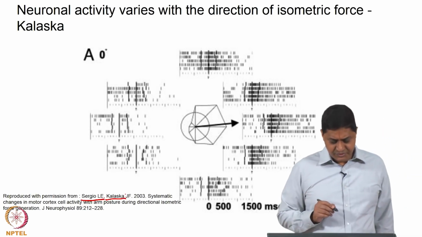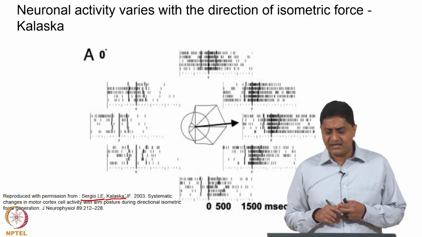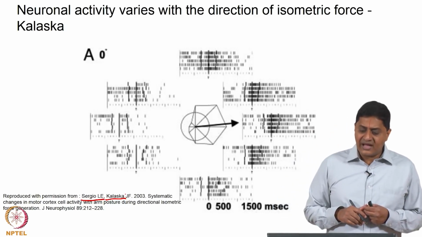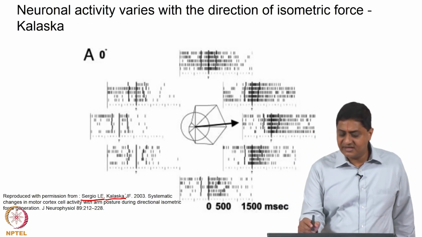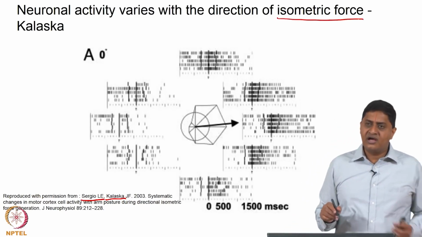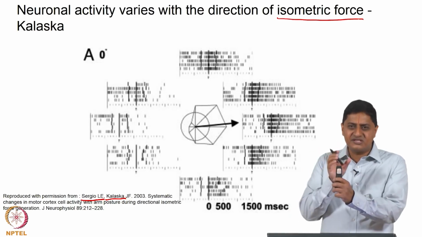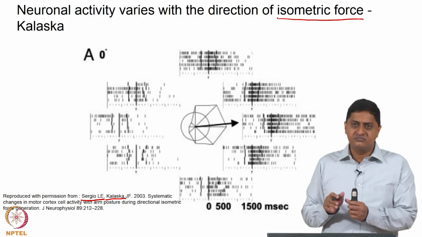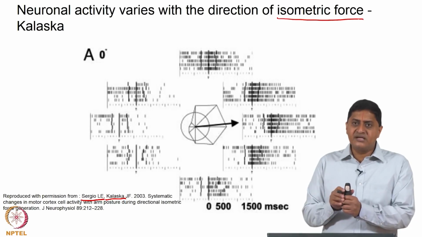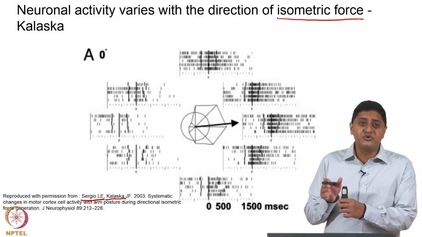Here there is not an actual movement. This is the case of isometric force production, where you have a manipulandum, an object that is immovable, strongly fixed to a table, and the monkey is given a cue as to which direction it is supposed to produce a force.